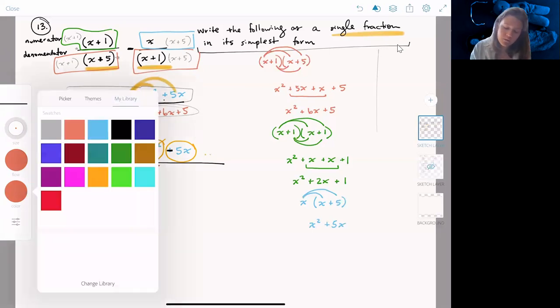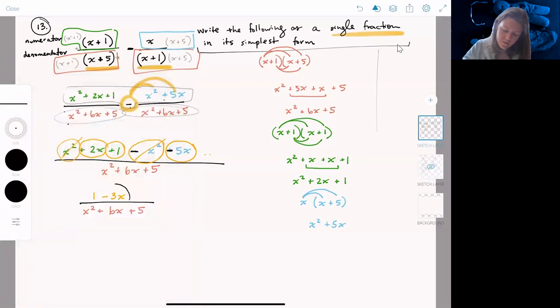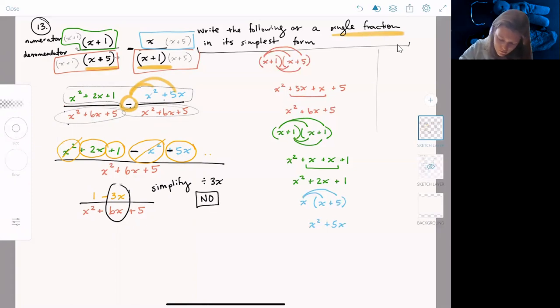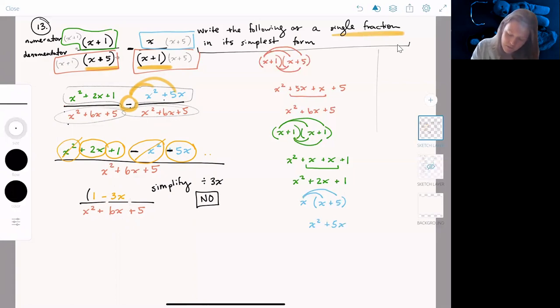And when I'm looking, these two share an x and a 3 in common. Can I simplify? Can I divide both of those by 3x? No, you cannot, because this 3x is married to this 1, just like this 6x is all part of this family down here.